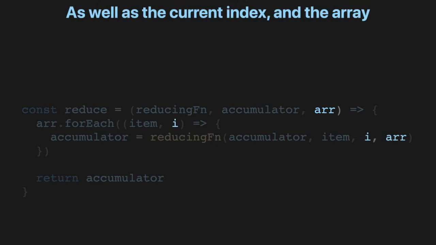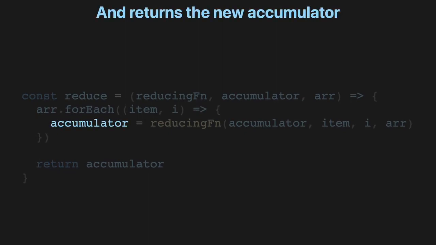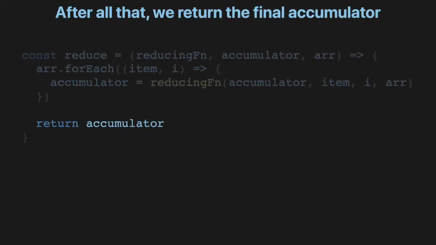Then optionally, we're going to pass in every single time the index of the current item and then the array itself so that they can use that. And we're just going to reassign the accumulator every single time in this loop. I'm not a big fan of mutation, but this is such a simple example and it's scoped to this function, so I think it's actually okay, and I'm fine with it. But then, we just return the accumulator.